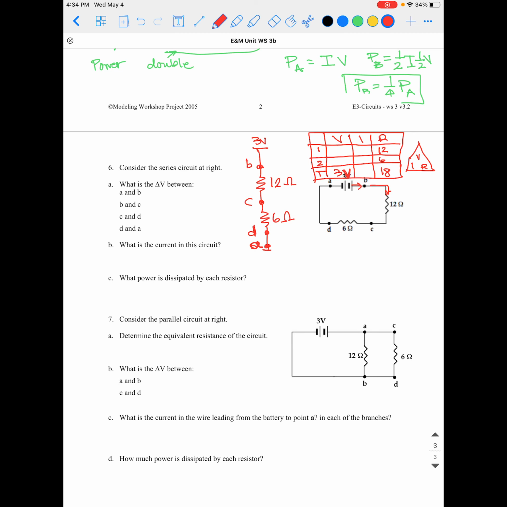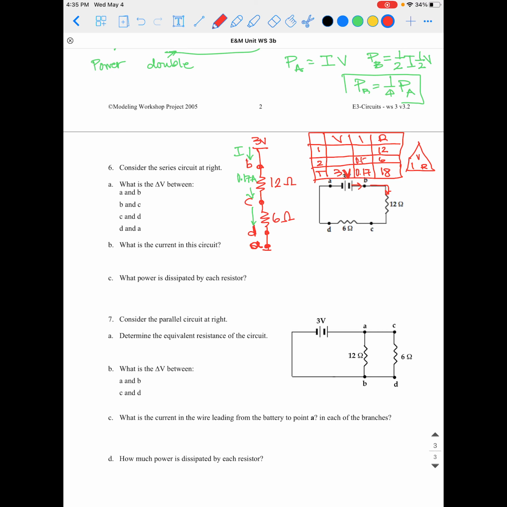And let me just calculate that. I think it's 0.16. I'm going to round it up to 0.17. So that's going to be the current that is traveling through 0.17 amps all the way through the circuit, and it's not going to change because, as we know, series has only one wire for the current to travel through.